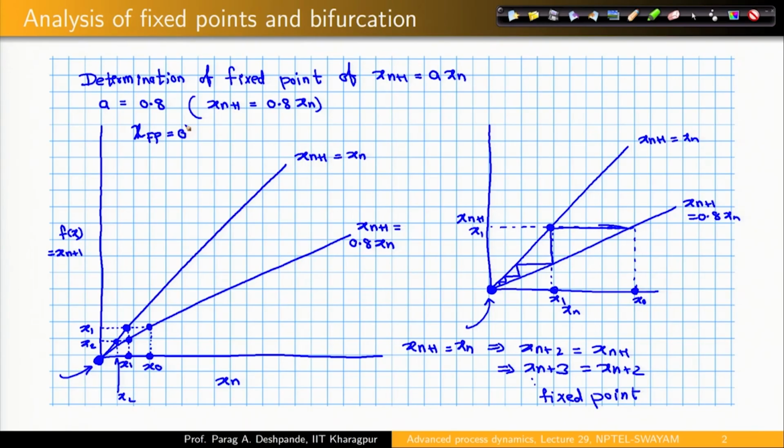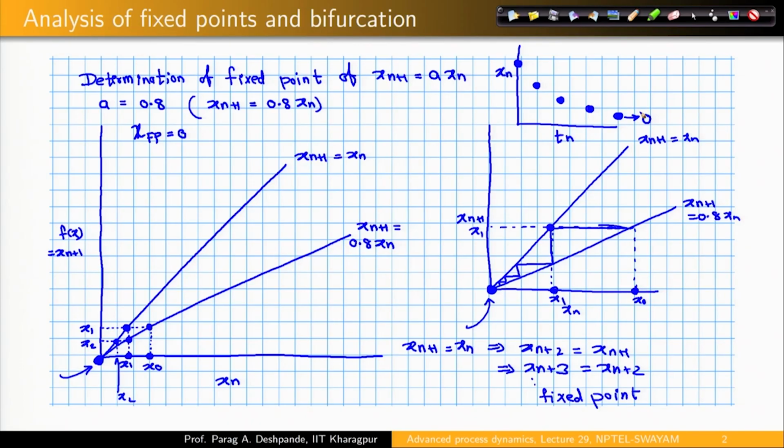So, if I start the evolution of my system x n in the discrete time domain, and I start with some initial population x 1, then the population will keep on evolving such that as n tends to infinity, x n will tend to 0. A very similar observation was made for the continuous time domain system as well.